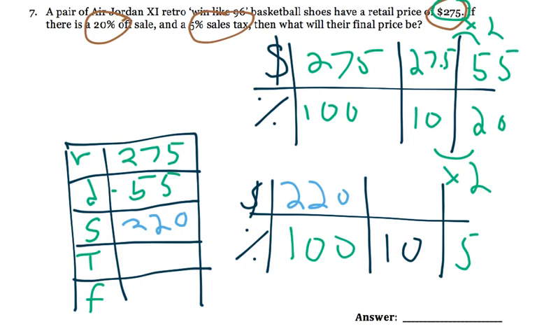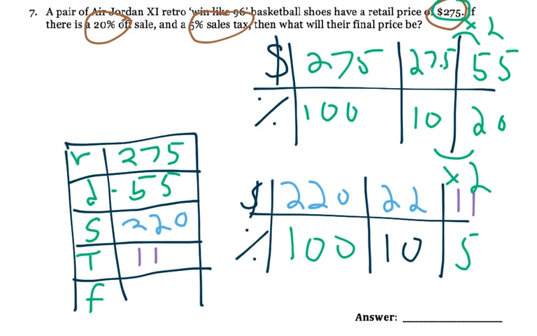So when we divide 220 by 10, we get $22, and when we divide 22 by 2, we get an answer of $11. So the tax then will be $11.